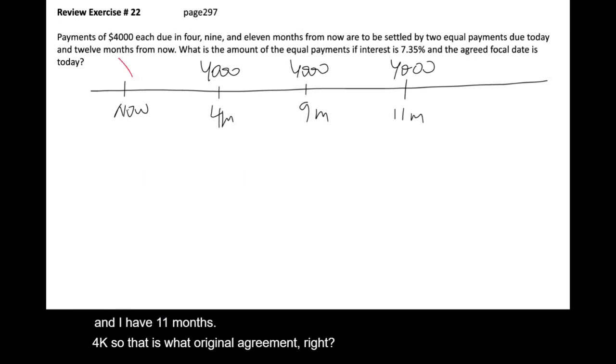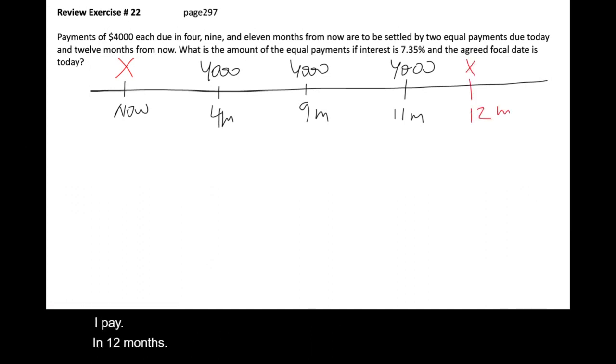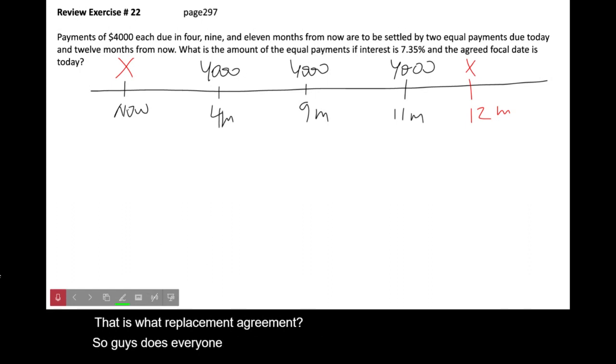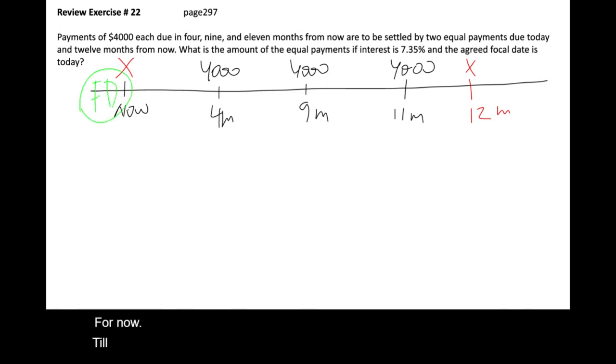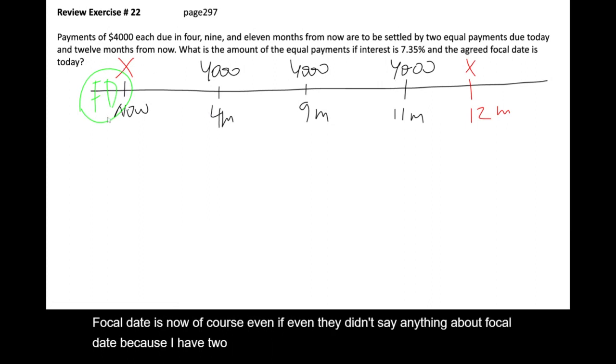Now, instead of that, I pay today and I pay in 12 months. That is the replacement agreement. So guys, does everyone understand until this moment? The focal date is now. Even if they didn't say anything about the focal date, because I have two unknown payments, I would choose it now anyhow, right?